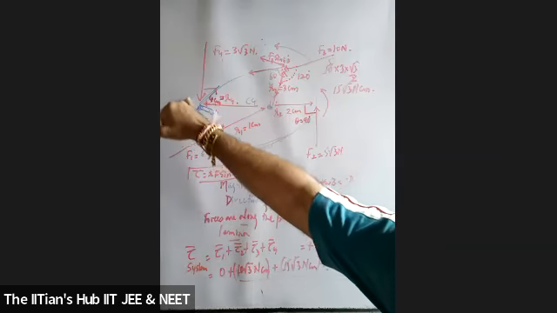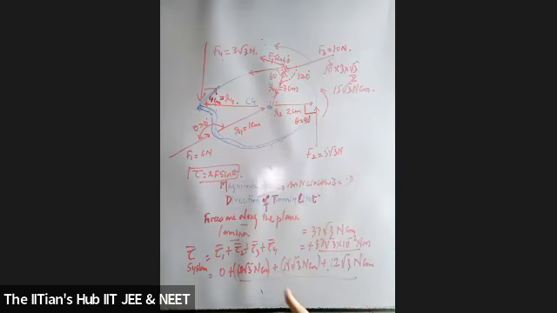So we take it that the entire system is set to move anti-clockwise, with magnitude 37 root 3 into 10 raised to minus 2 Newton meter.